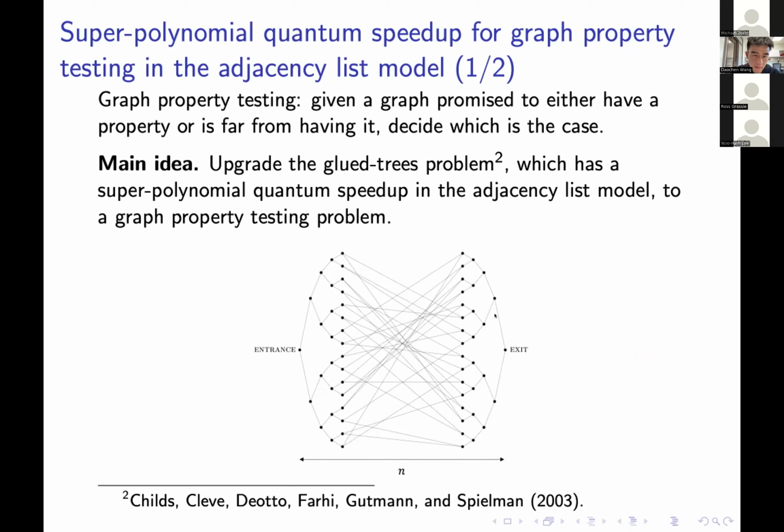The main idea of getting our speedup is to upgrade the glue trees problem, which has the super polynomial quantum speedup in the adjacency list model, to a graph property testing problem. I'll briefly say why this original, famous glue trees problem is not a graph property testing problem. It is for 3 reasons.